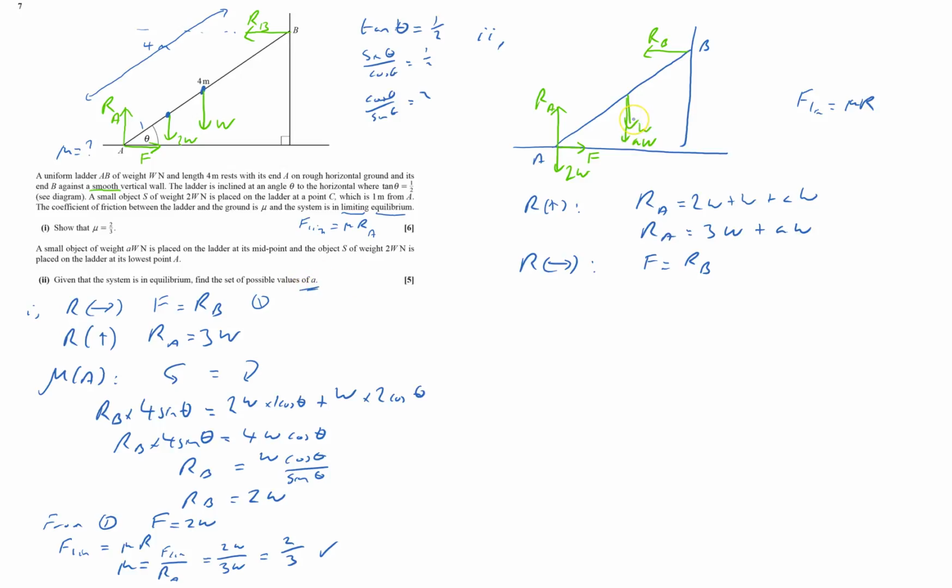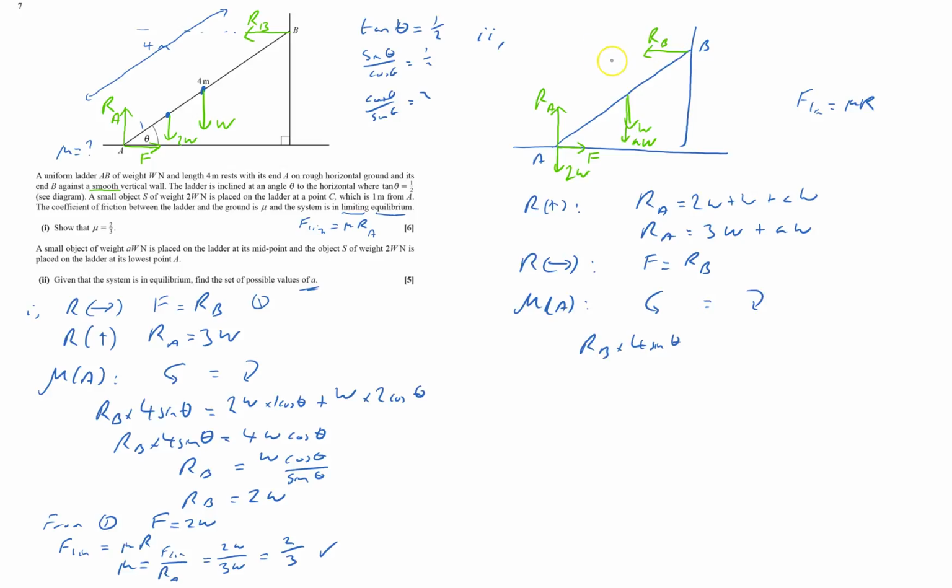So I need to get A. I'm going to need to take moments. I'm actually going to take moments about A, because that will get rid of all three of these forces. So take moments about A, and as always, anti-clockwise moments equals clockwise moments. First thing I always write down. So what have I got? Anti-clockwise, it's exactly the same as I had before. It will be the RB times 4 sine theta.